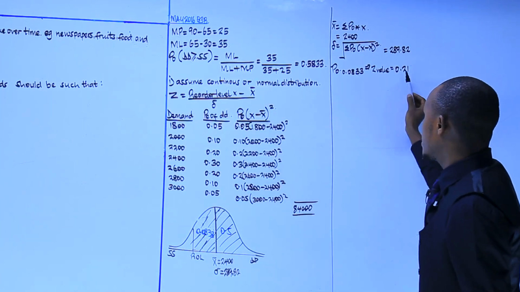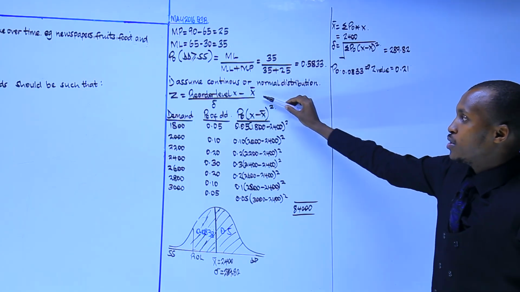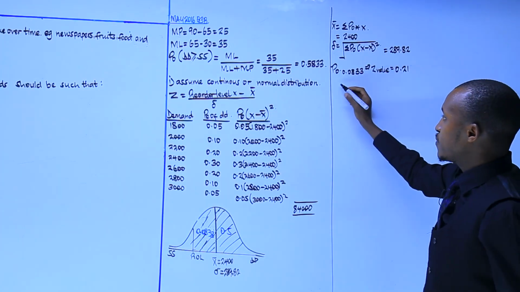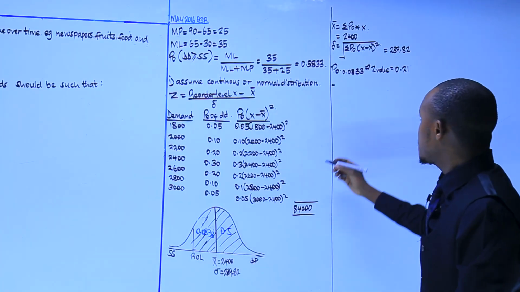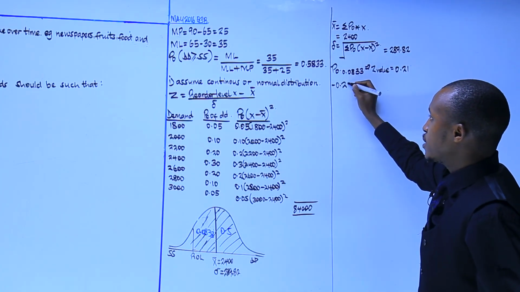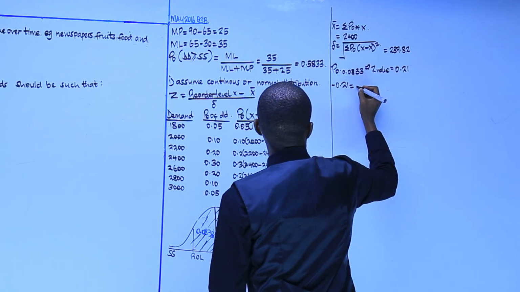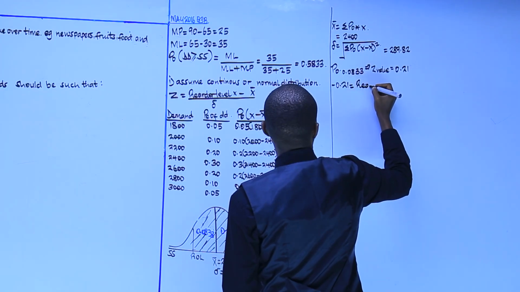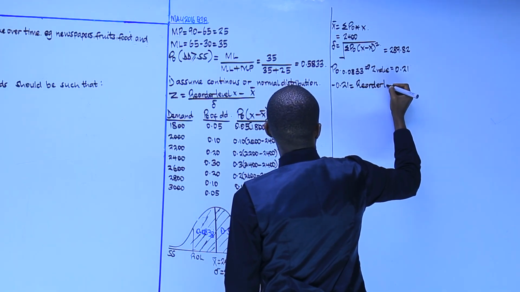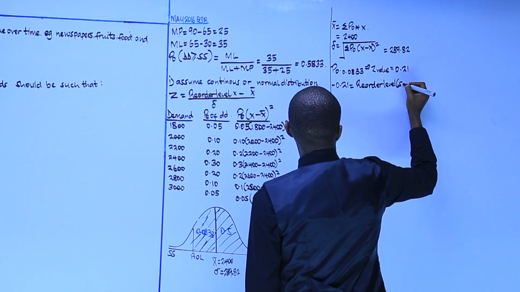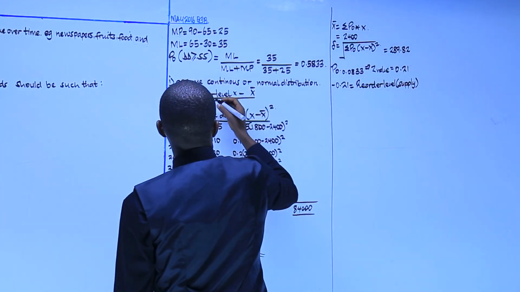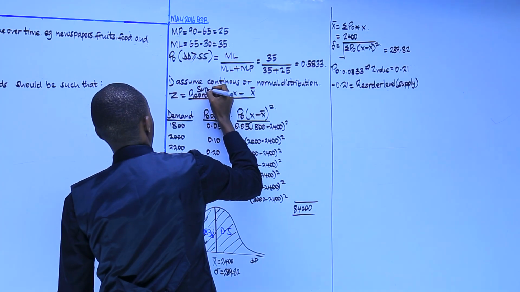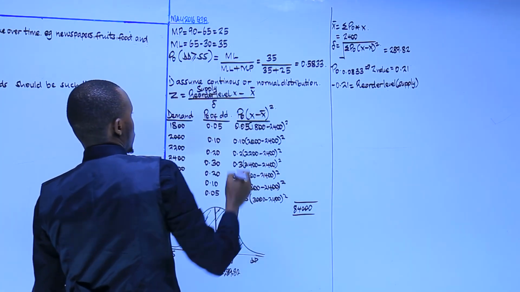Z is there. Reorder level is what we want, our mean and that. Because it is to the left of the mean, your Z value should be negative, equals your supply.